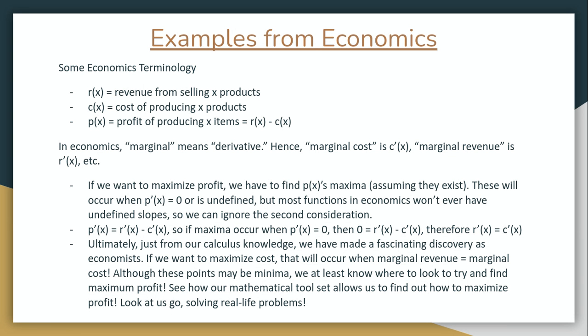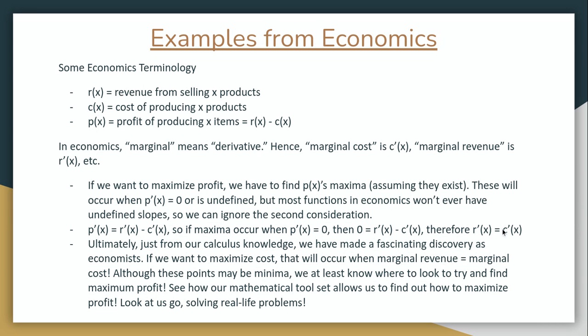So if maxima occur when P prime of x equals 0, then 0 equals R prime of x minus C prime of x. Therefore, R prime of x equals C prime of x. That's just a proof for saying that if we want to maximize profits, that will occur when marginal revenue equals marginal cost.